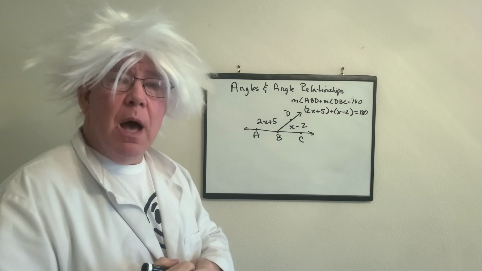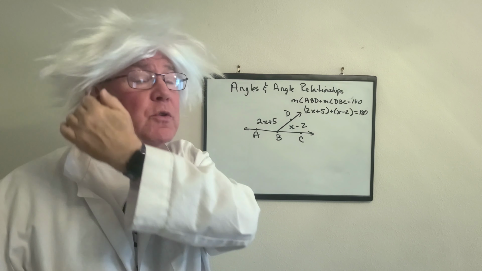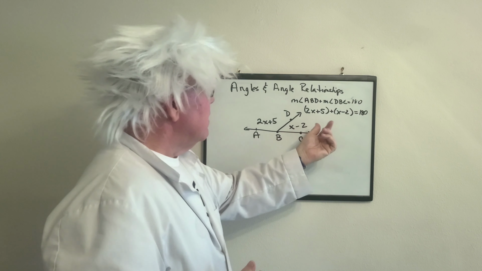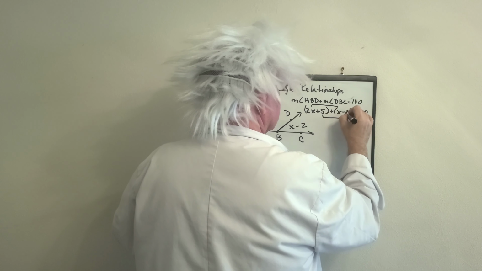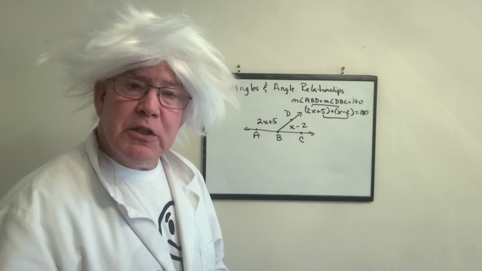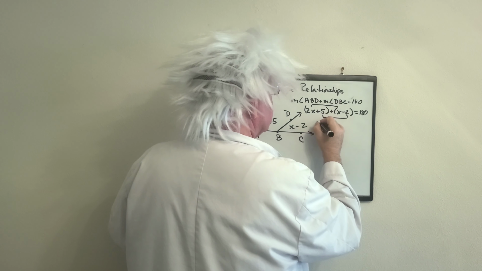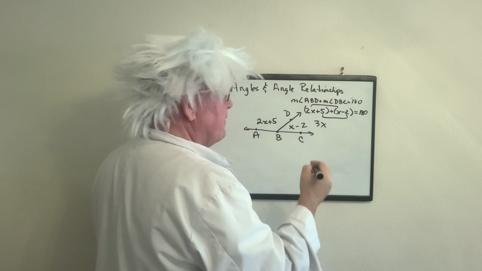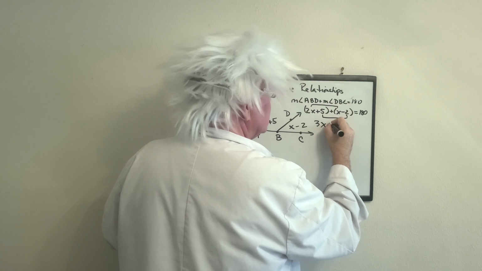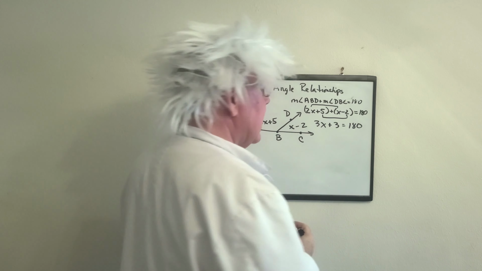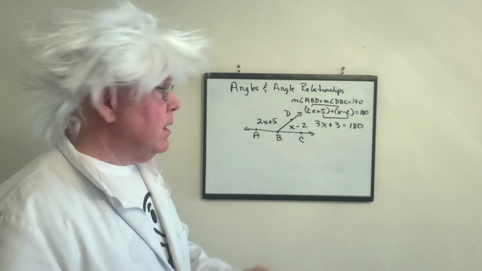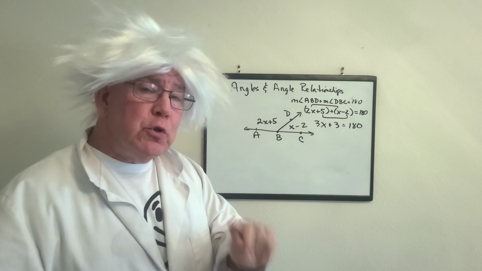Now that we have the geometry out of the way, we're going to do the algebra. Okay? Now, first things first. Combine like terms. So 2x plus x is 3x. Negative 5 minus 2 is 3. Now, here, we have a two-step equation.